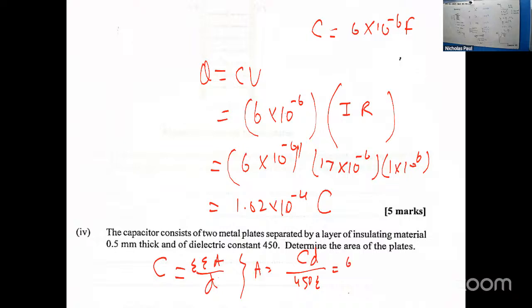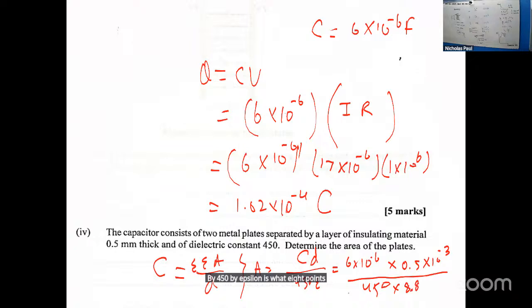C was 6 by 10 to the minus 6. The value for D is 0.5 by 10 to the minus 3, divided by 450 by epsilon, which is 8.85 by 10 to the minus 12, right? Work it out, tell me what you get for A. 0.75 meters.